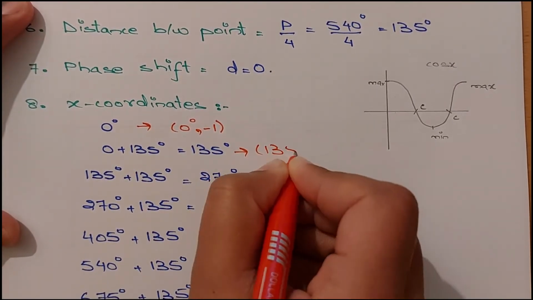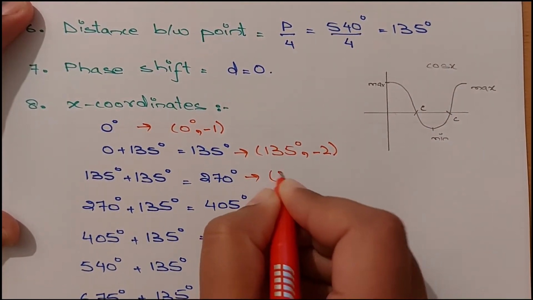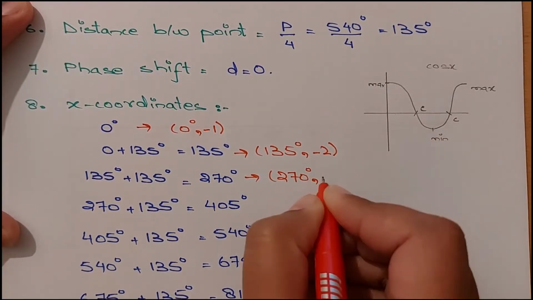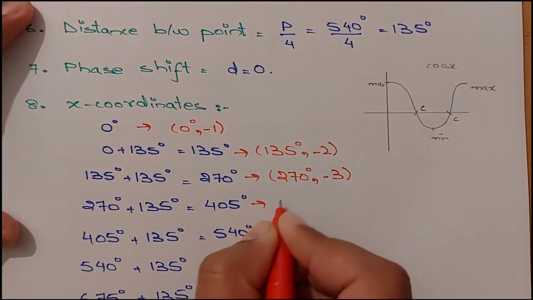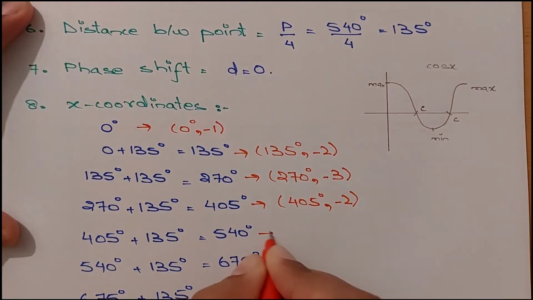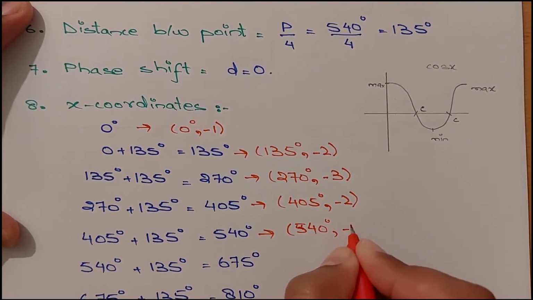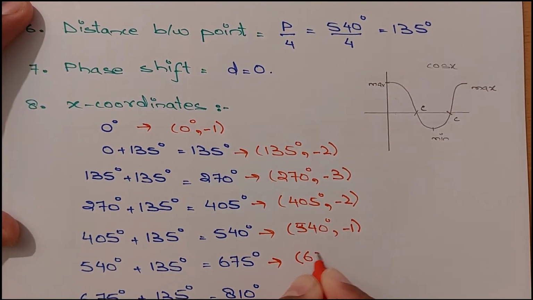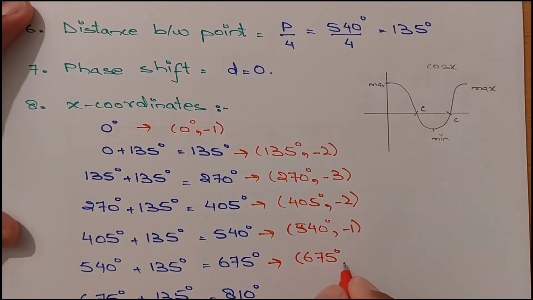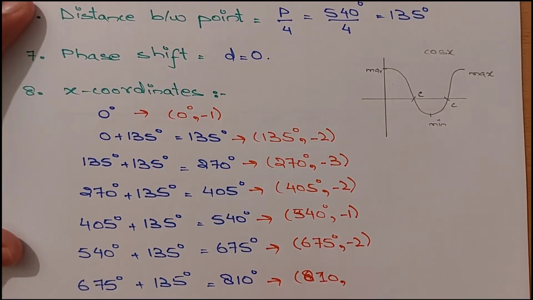Here we have 135 degrees and the equation of the axis, that is minus 2. Then 270 degrees and the minimum point minus 3. 405 degrees and again the equation of the axis, minus 2. 540 and the maximum point minus 1. Then 675 degrees, and again the equation of the axis, minus 2, and then 810 and the minimum point, minus 3.